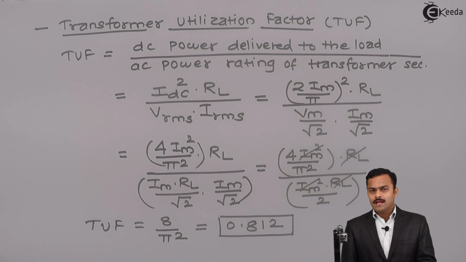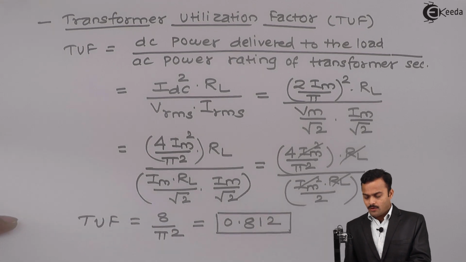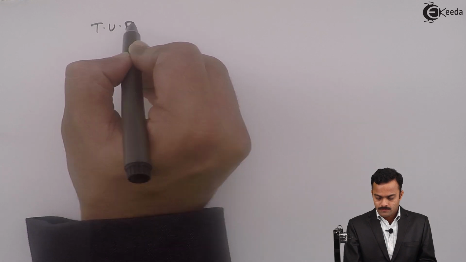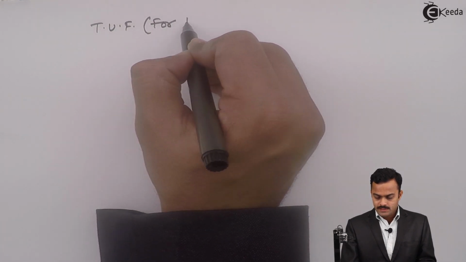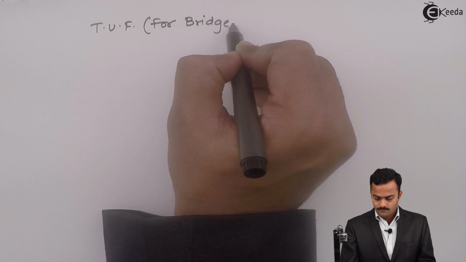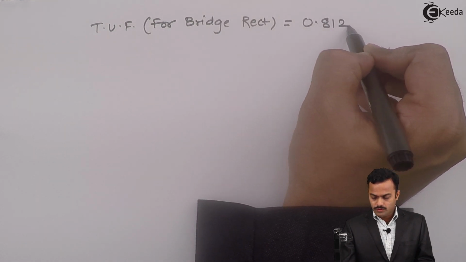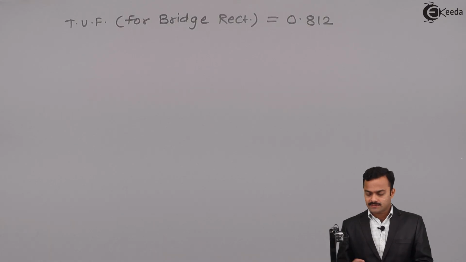But this value depends upon whether the primary is also used the same as the secondary, which is the case in bridge rectifier. So, I can say over here transformer utilization factor for bridge rectifier will be 0.812, but that won't be the case for center tap full wave rectifier.